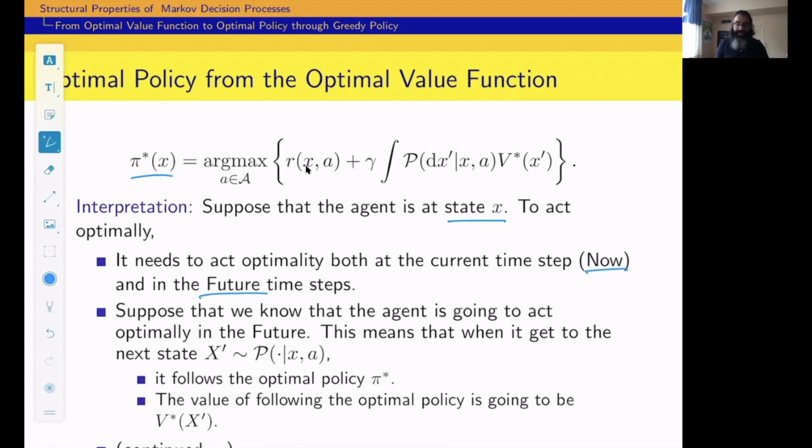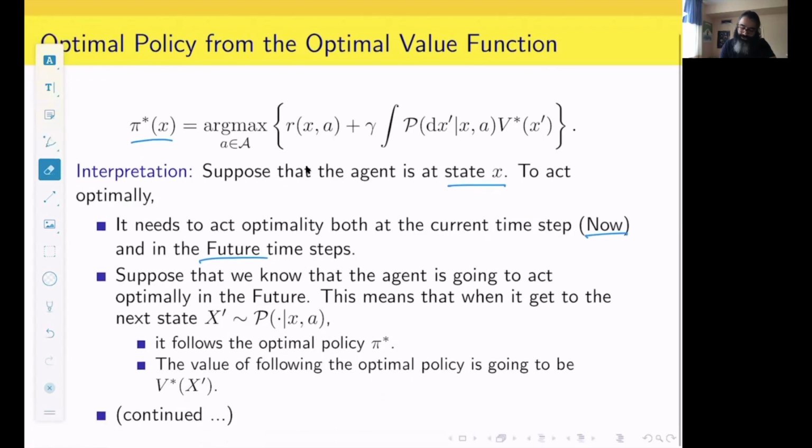Now suppose that we know that the agent is going to be optimal at the next time step. So we are not worried about that. Somehow it is optimal. This means that when, starting from x, it gets to the next state x prime, according to this distribution, it follows the optimal policy. If it follows the optimal policy, the value that it gets at the next state would be, of course, the optimal value at the next state.